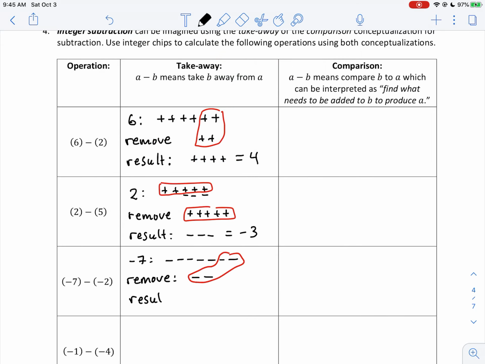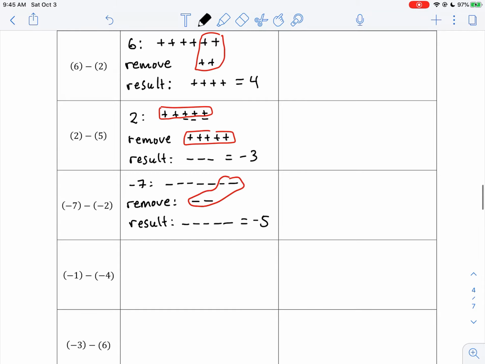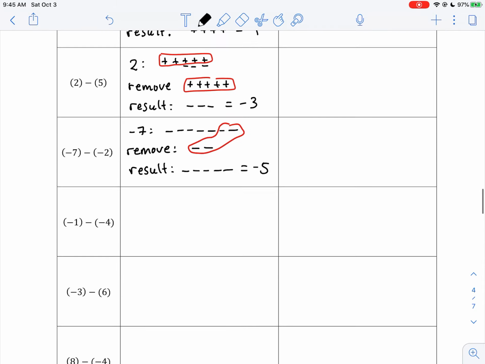And then the result of this operation is that we have 5 negatives left, which represents negative 5. Removing negatives is like removing debts. When you remove debts, it's the same thing as giving yourself credits. Something to think about. Removing a negative is like adding a positive.